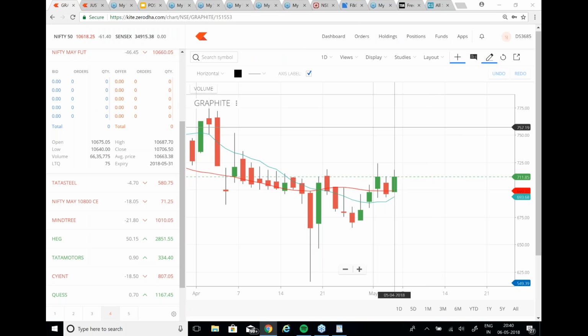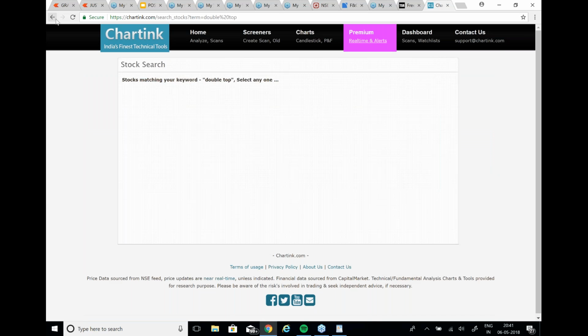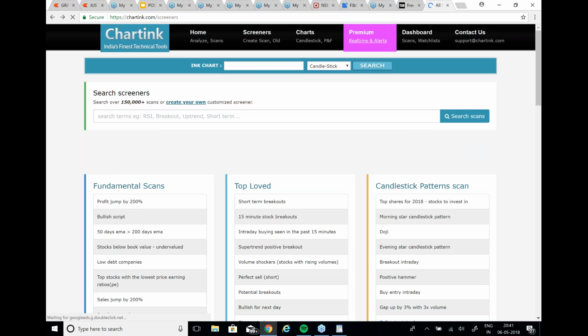So charting also gives you a lot of double bottoms. Like if you search here, double top, double bottom, and search, you will get a lot of double tops. Sorry, in chart candlesticks search, I'm searching for a scanner, right?